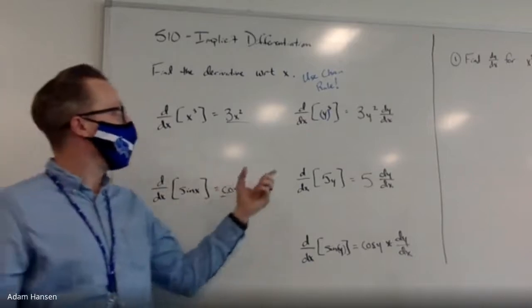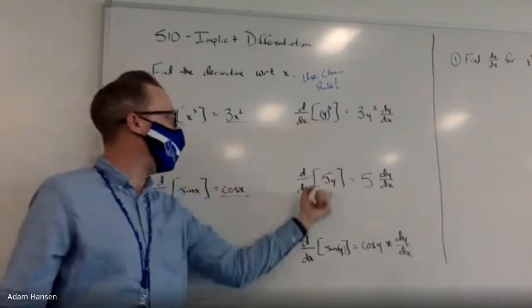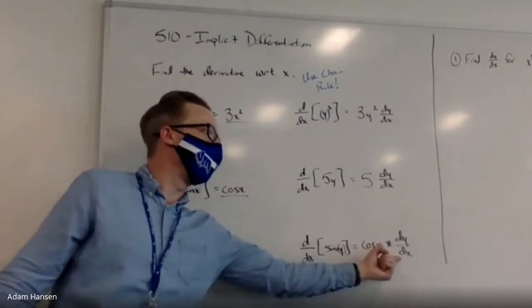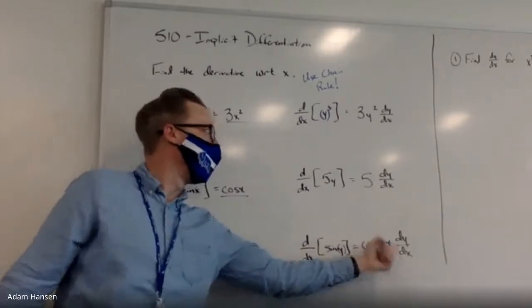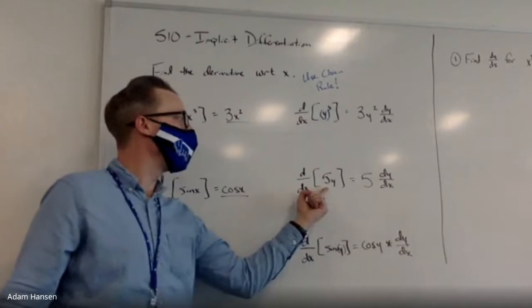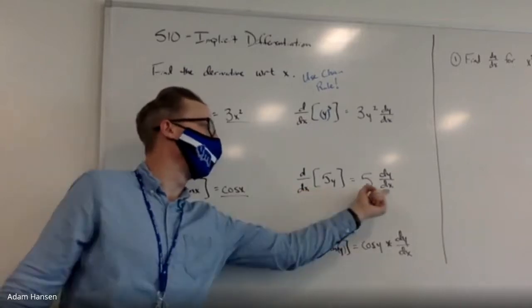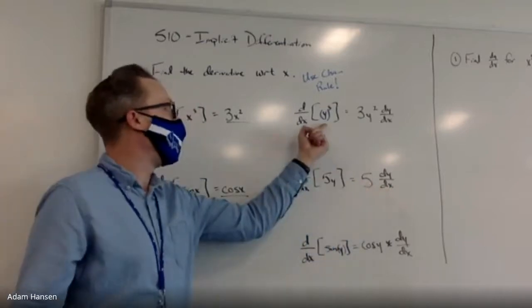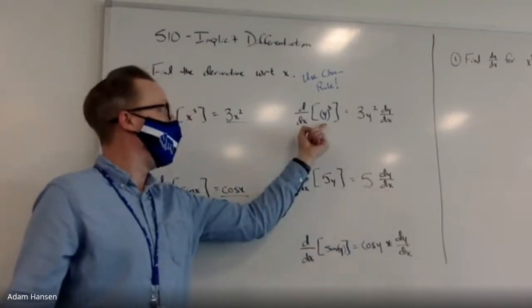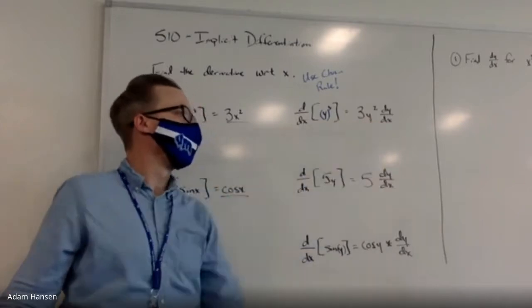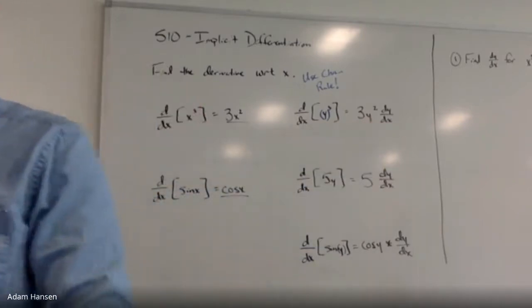If I'm trying to find the derivative with respect to x, and it's got a y in it, use chain rule and place a dy dx at the very end. Think of 5y like 5x. Derivative of 5x would just be 5, but then put a dy dx on the end. Derivative of y cubed, think of it like x to the third. Then just put a dy dx on the end.